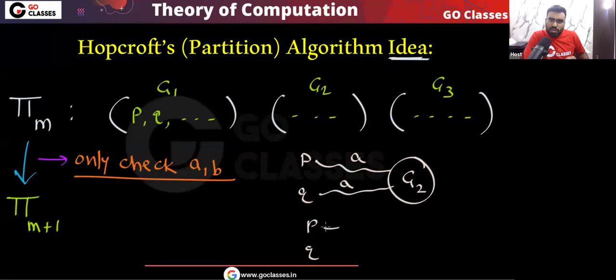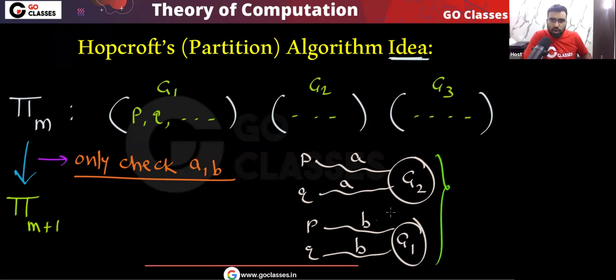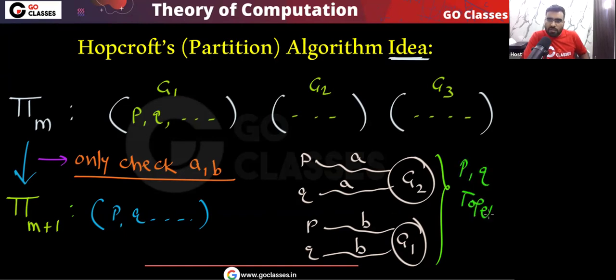Also on symbol b they go to the same group. So you can notice on both symbols they go to the same group. So I can say that in this pi m plus 1, we will keep them together. This pq, we will keep them together. Okay, is this clear? So remember, pq together, we will keep them together in pi m plus 1.